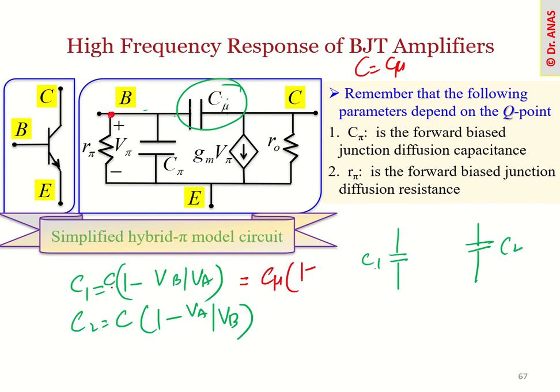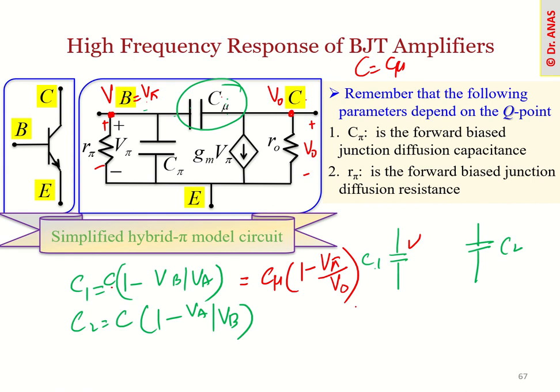What is the base voltage? The base voltage is the voltage drop here, so the base voltage is V pi. And the collector voltage is basically the output voltage, the voltage drop here. So VB is V pi divided by V out, and that will be my C1.